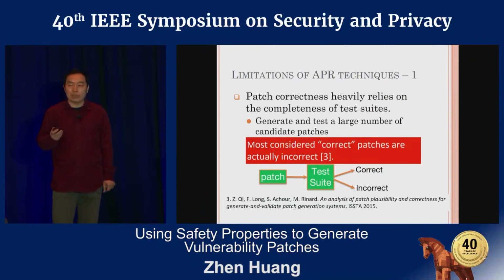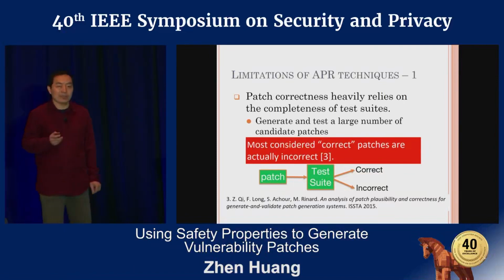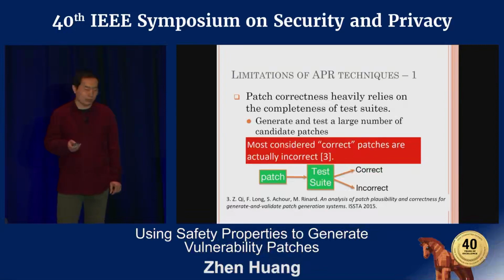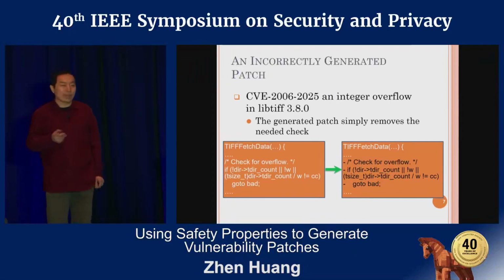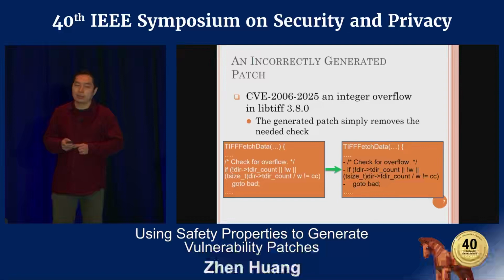If the test suite is incomplete, an incorrect patch can pass the test suite and mistakenly be considered correct. A study published in 2015 confirms that most of those previously considered correctly generated patches by state-of-the-art APR techniques are indeed incorrect due to this limitation.